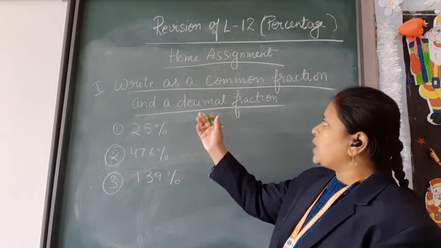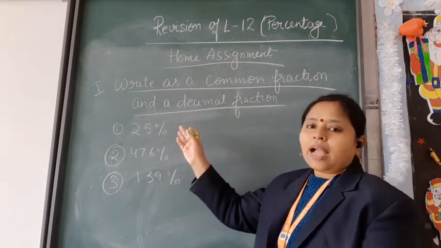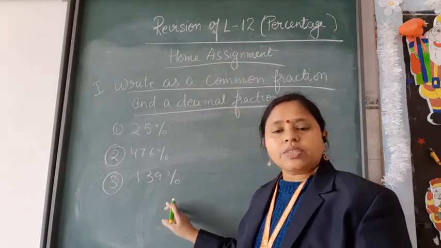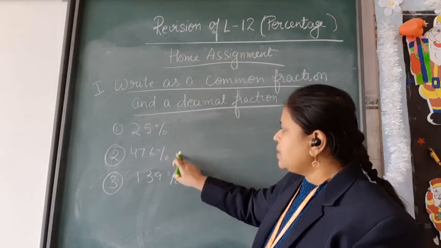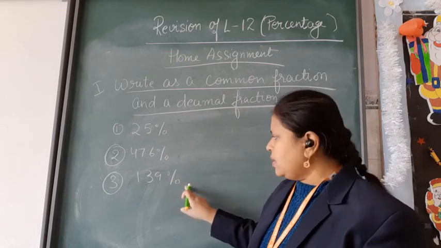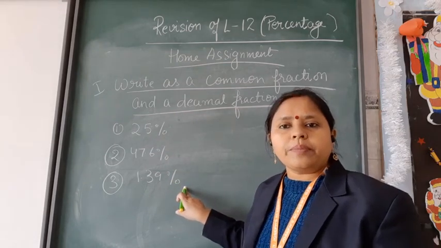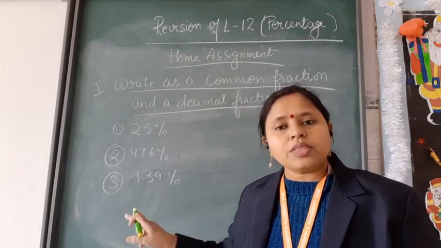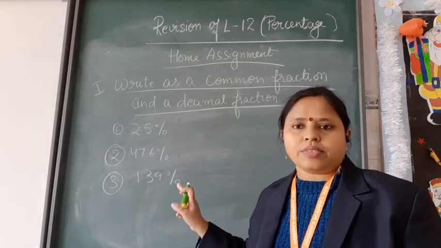So we have the question: write as a common fraction and a decimal fraction, right? And there are 3 parts of this question. The first one is 25%, second one is 47.6%, and third one is 1.39%, right? And you have to write them as a common fraction in lowest terms and as a decimal fraction, right?